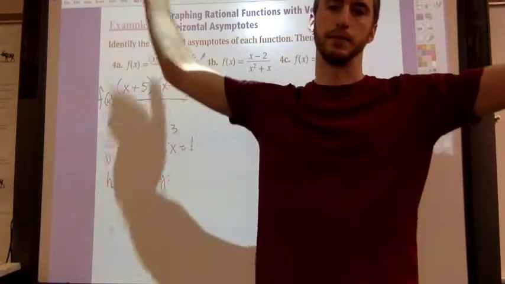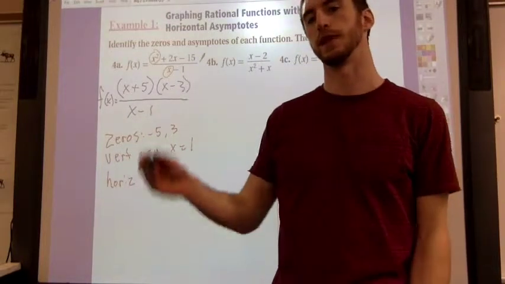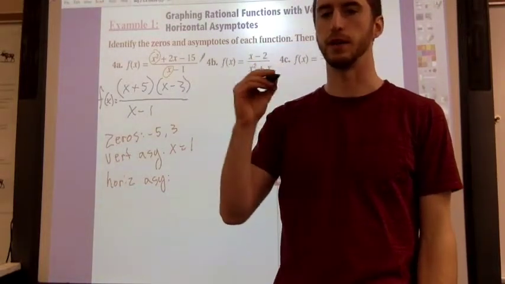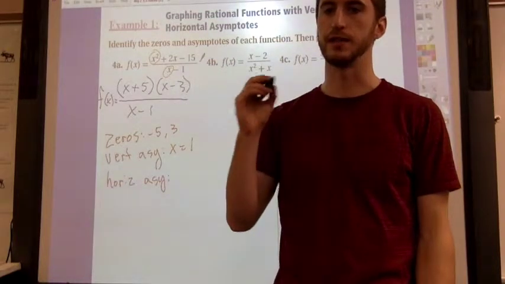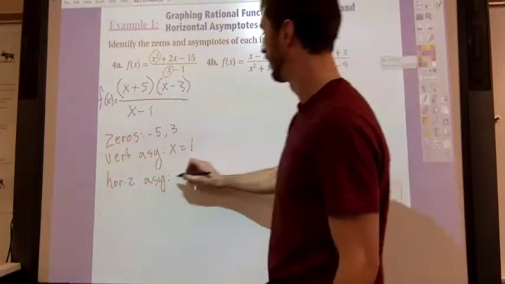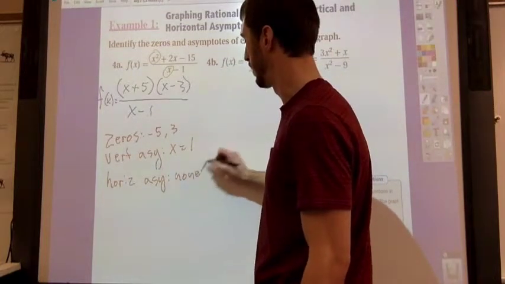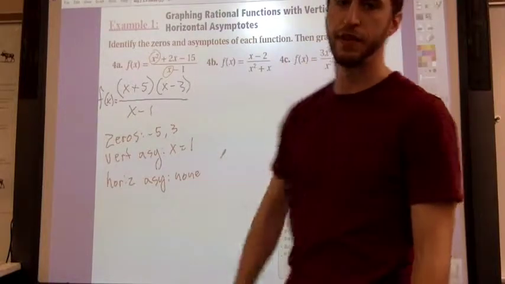It's not going to stop going up or going down. So I'm not going to have a horizontal asymptote. Since I have a higher value divided by a lower value, that's not going to approach 0. It's not going to approach any single number. So my answer is I have none. No horizontal asymptote.